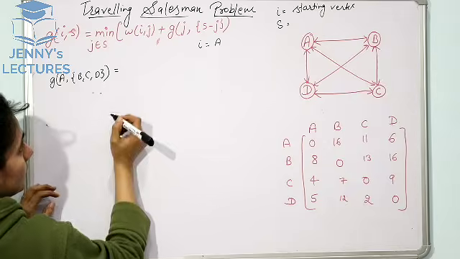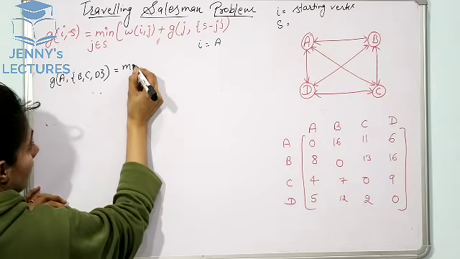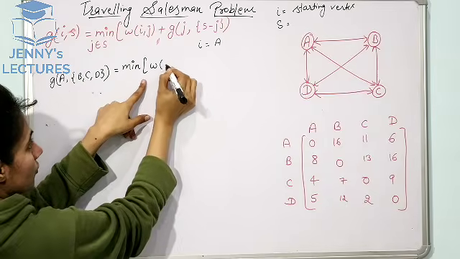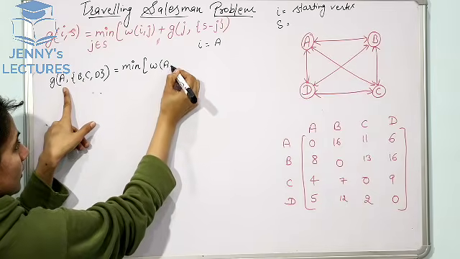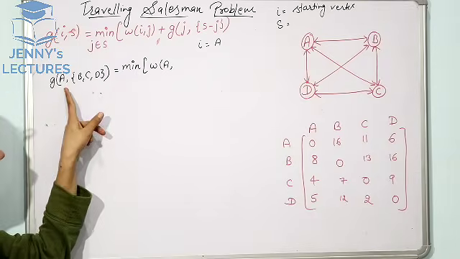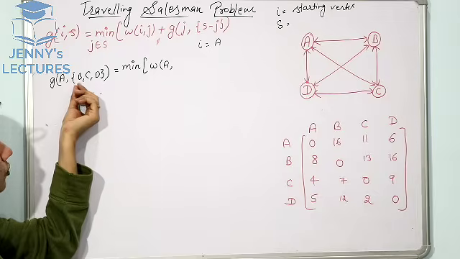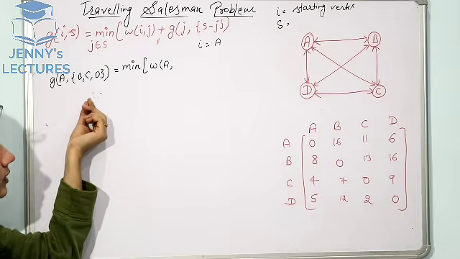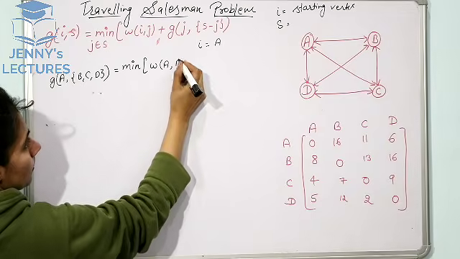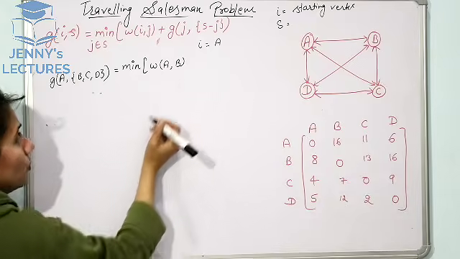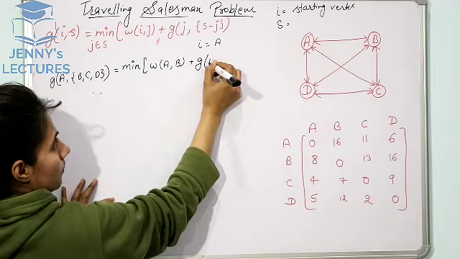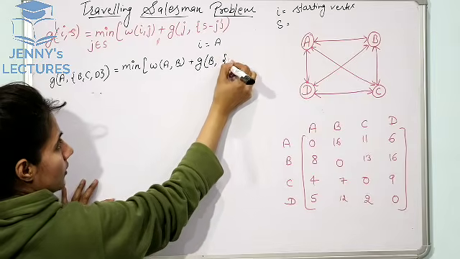Then how we can write this? Minimum of, you can say weight of I to J, here I is A. Now from A we can select either B, C or D. Now suppose I am taking B, A to B plus G of B comma, now which is the set?